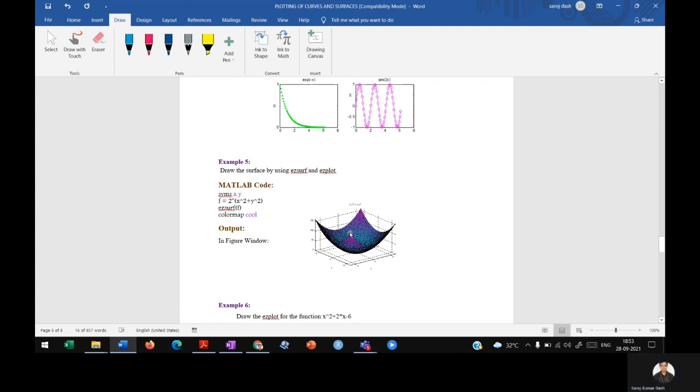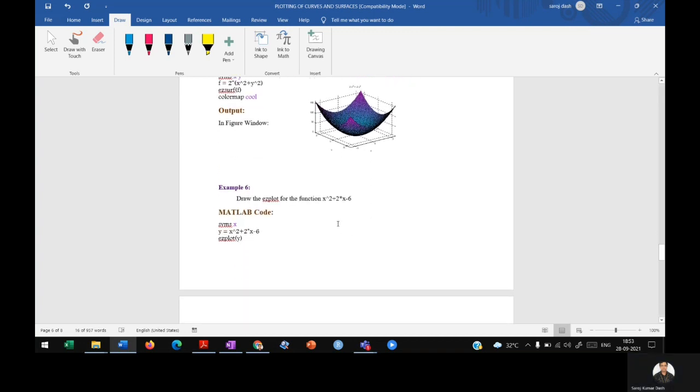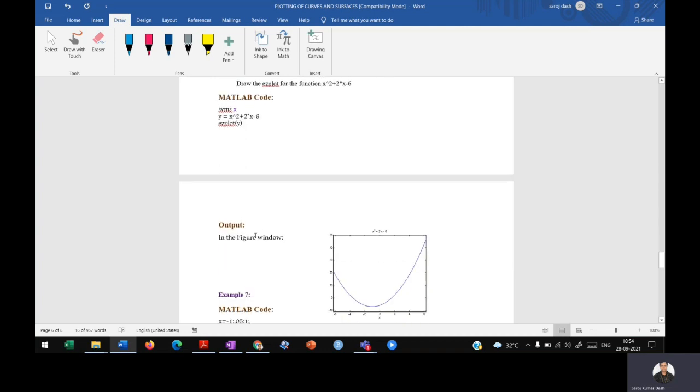That's all. MATLAB will draw the surface. Using ezsurf, you can do it easily. Similarly, for ezplot, suppose we want to draw this curve, just define x as a symbol, then put y and plot this.